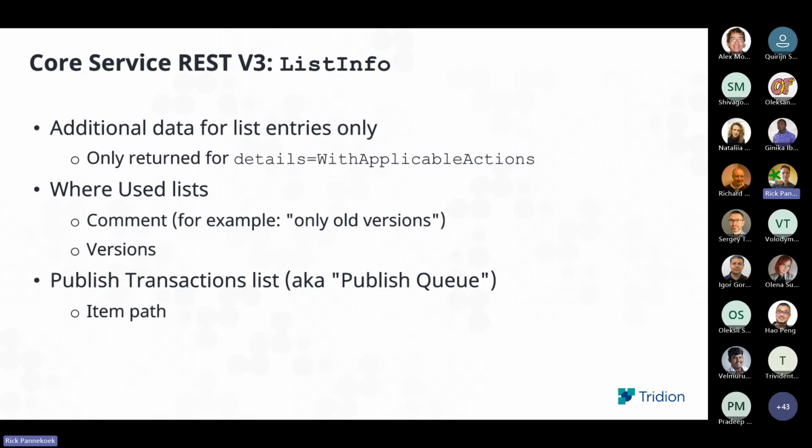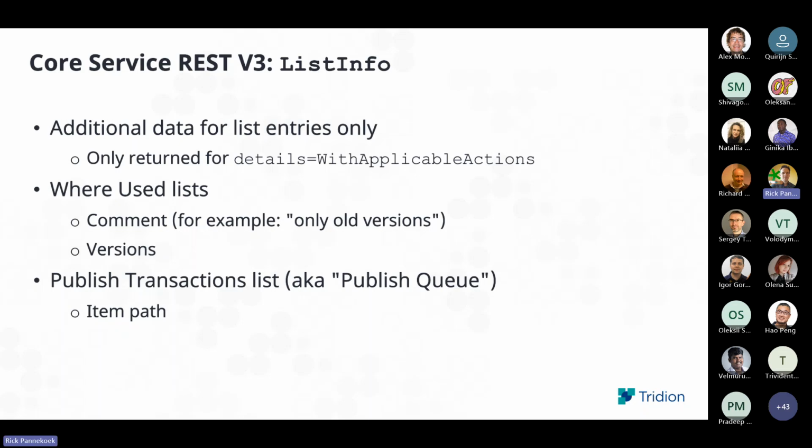That's just some additional data that applies to list entries, but not so much to the entities in the list. So for that we have that list info property that we can put this additional data in, and we're now exposing that in the v3 API as well. But there's something interesting: this data is only applicable for list entries. Technically, what we do for a contentless list is we start with list entries, but then we individually load each item, so we're actually losing this information in the process.